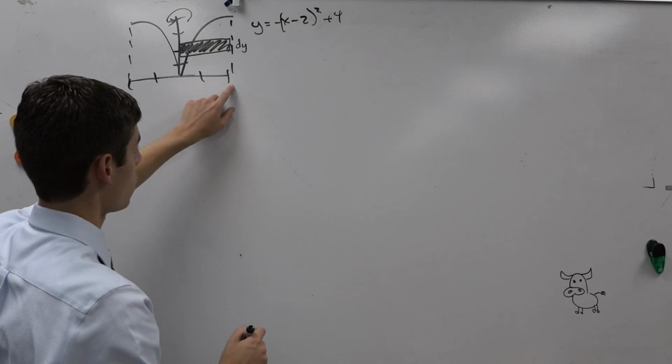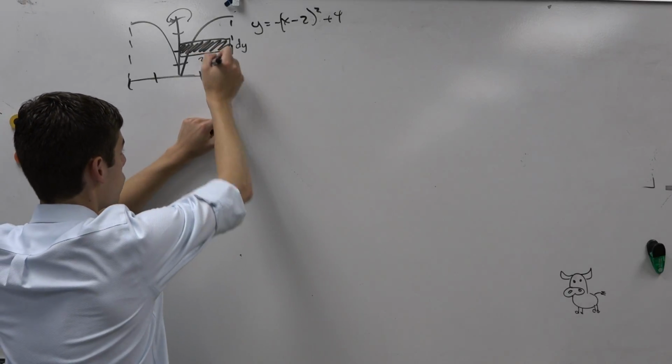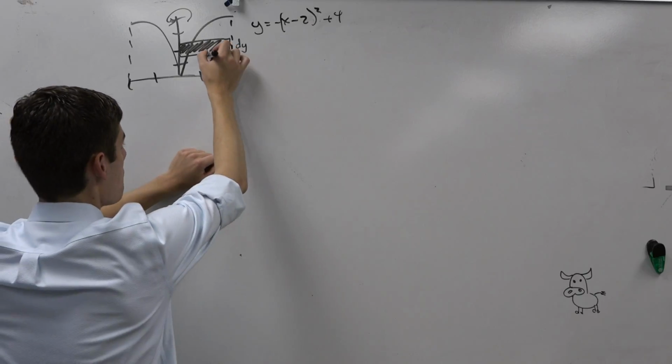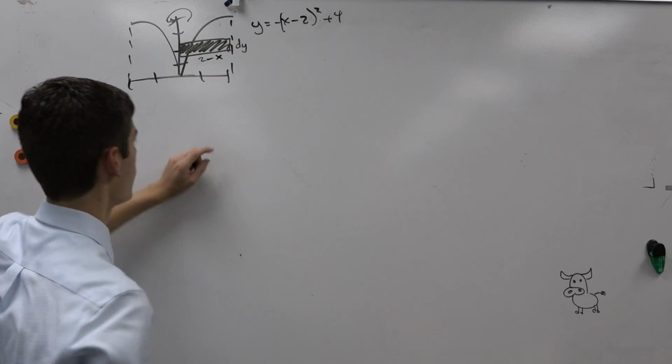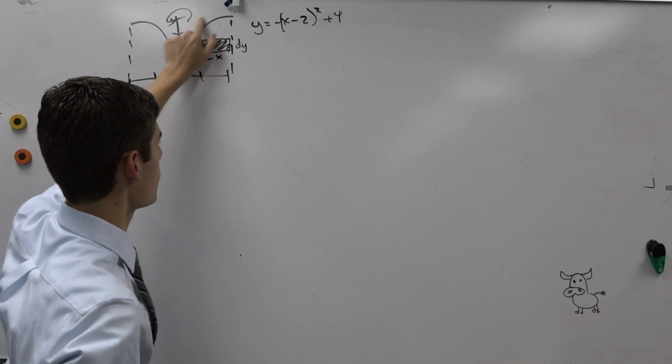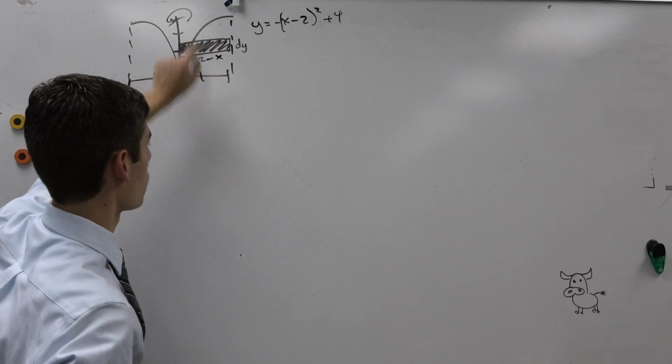So what we're going to do is go 2, which is all of this, minus x. And x will just be what is in here, in between 0 and the graph.